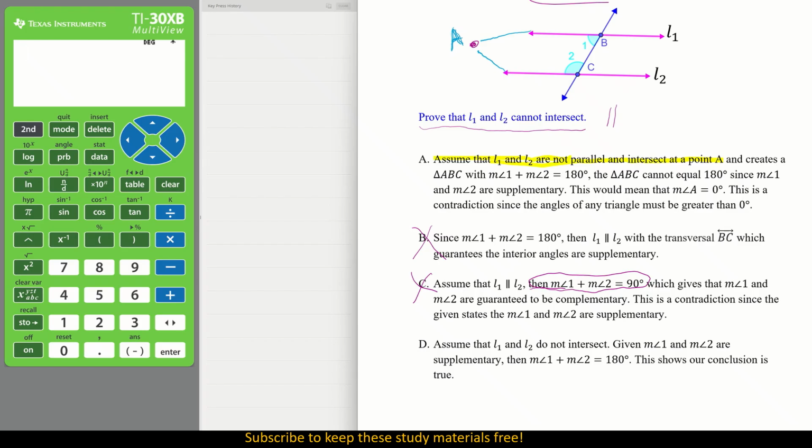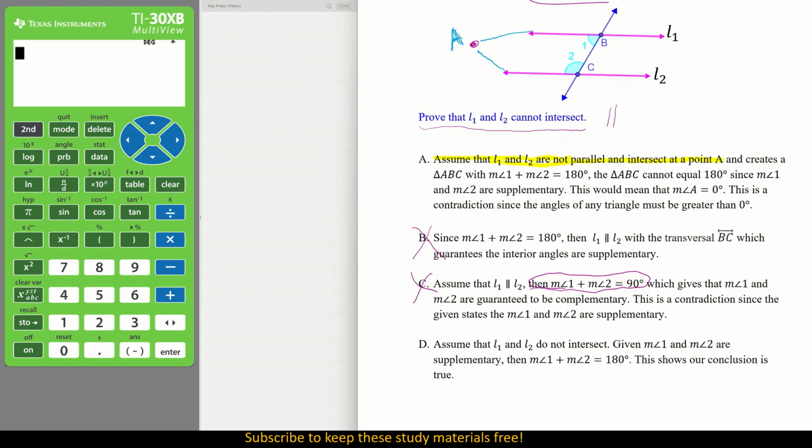Okay. So now let's see D. Assume that L1 and L2 do not intersect. Okay. I'm buying that. Then the measure of 1 and the measure of 2, that's angles 1 and 2, are supplementary. Okay, no, it says a given.